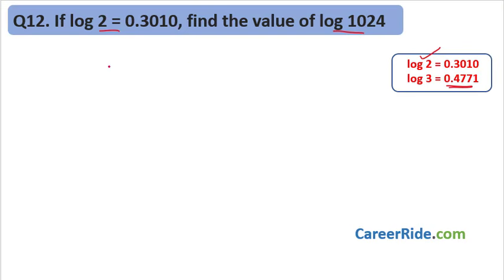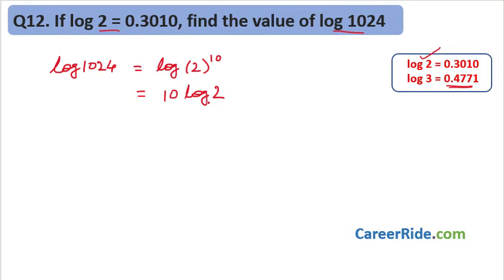Okay, so this question is log 1024, right? So we know that 1024 can be written as 2 to the power 10. We have seen all these things earlier, right? If we try to simplify this, this is simply 10 log 2. The power has come in front and it has gotten multiplied with the log.